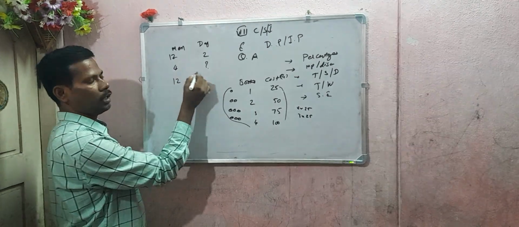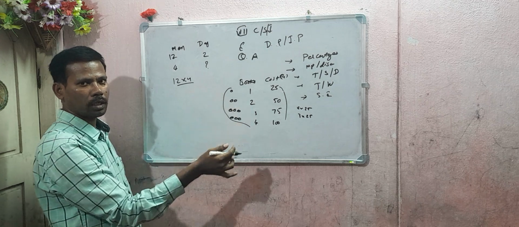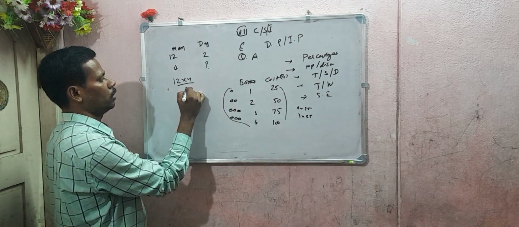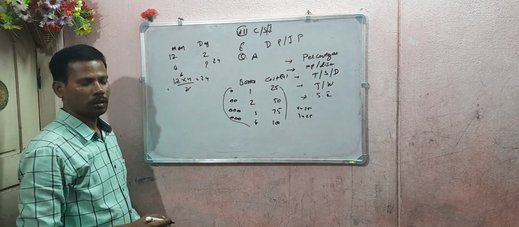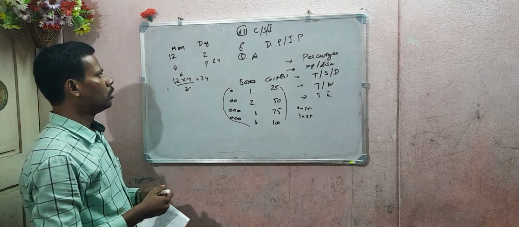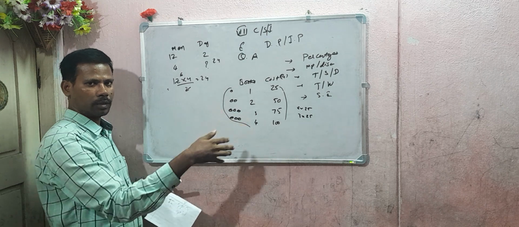So simply I will write it directly, 24. In the coming classes we will do it step by step. How we got it, I will explain clearly in the coming classes.